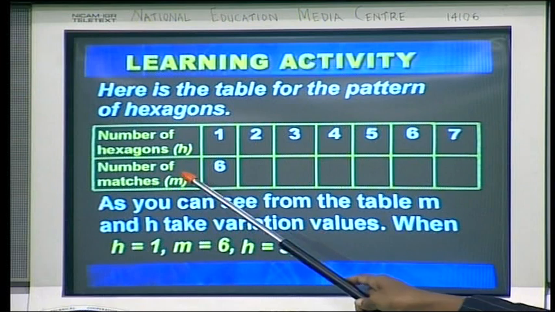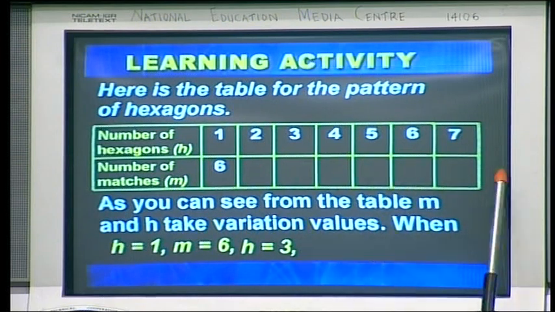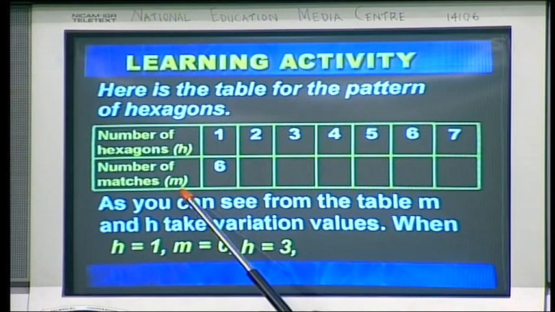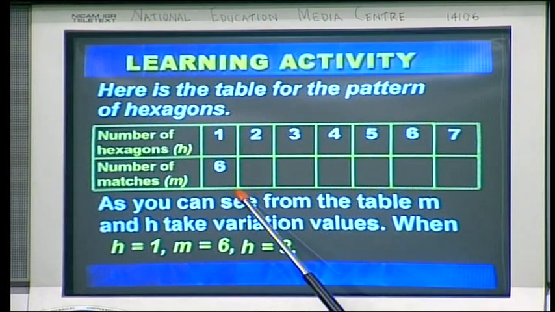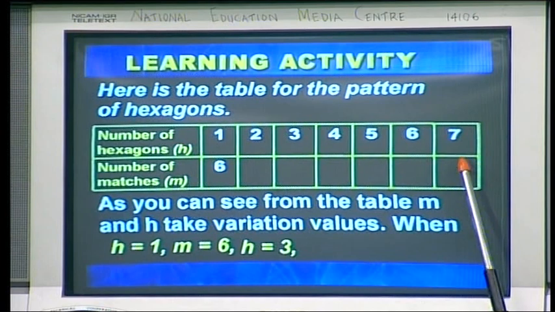In the bottom row, we have the number of matches, and the symbol would be M. For 1 hexagon, how many matchsticks do I need? 6. Here I have one example that we are going to do together from the PowerPoint, and then you have an A3 paper that we are going to use to complete the table.